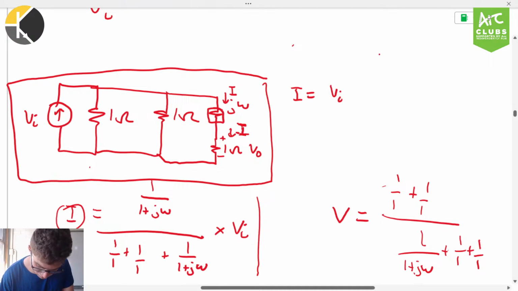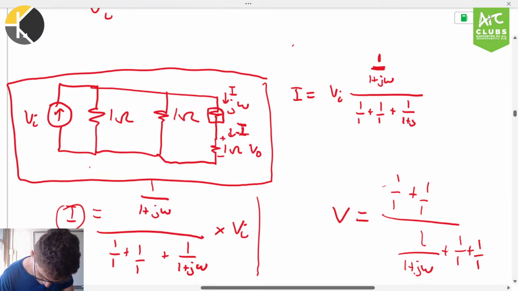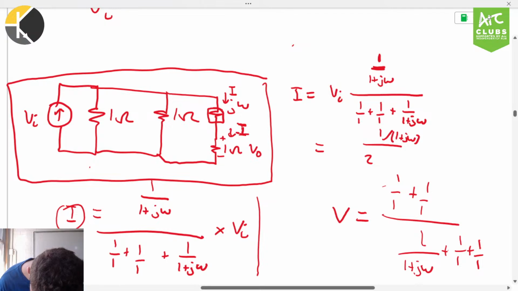On the numerator, we do 1 over the thing we want, which is this component. And then we do 1 on the rest of the components. What we do then is we get 1 on 2, 1 on 1 plus j omega, just to take it slower. And then we get 2 plus 1 on 1 plus j omega.